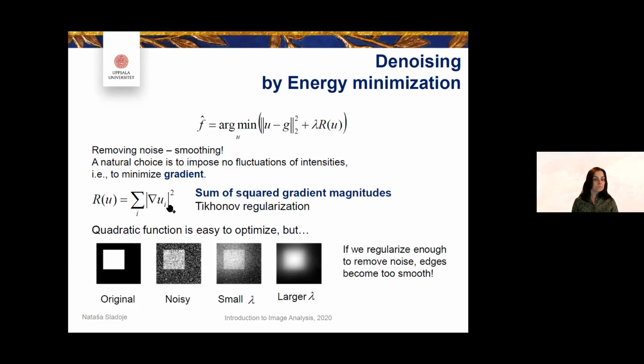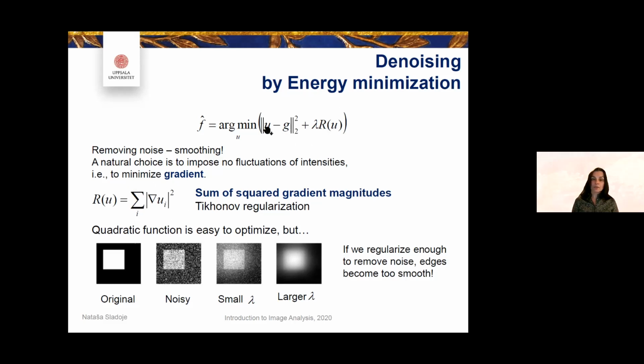Nice. What do we do? Well, we can say, let's take the gradient of our image, square it and take a sum over the whole image. So we have the sum of squared gradient magnitudes, and let's use that as a regularization term.